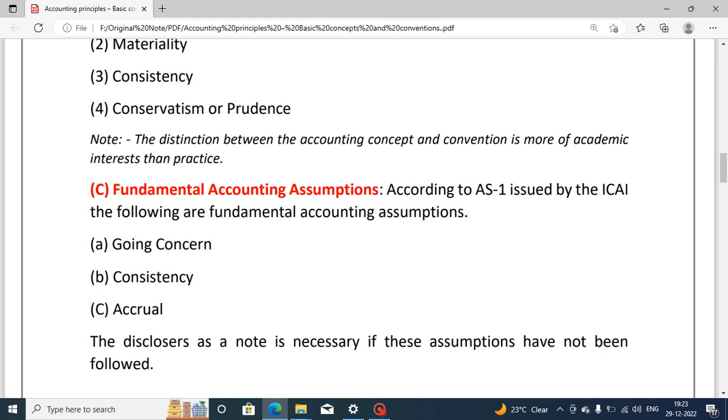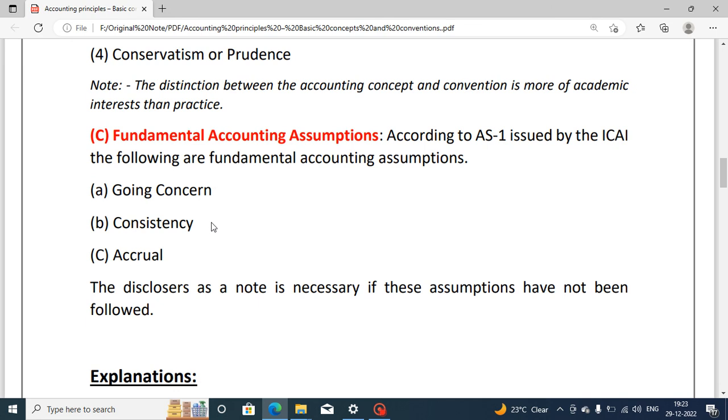According to AS 1, or Accounting Standard 1, issued by the ICAI, these three are the fundamental accounting assumptions: going concern, consistency, and accrual.